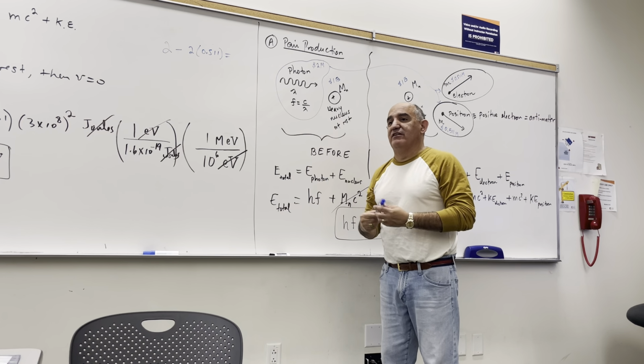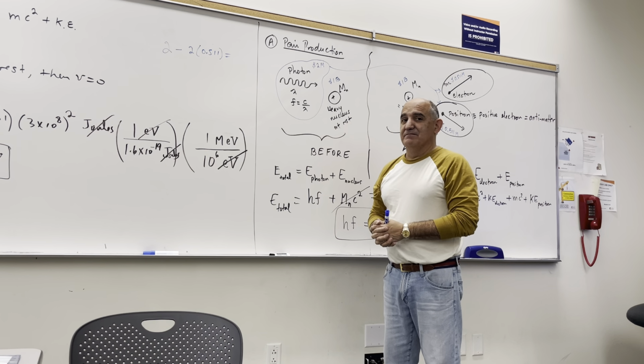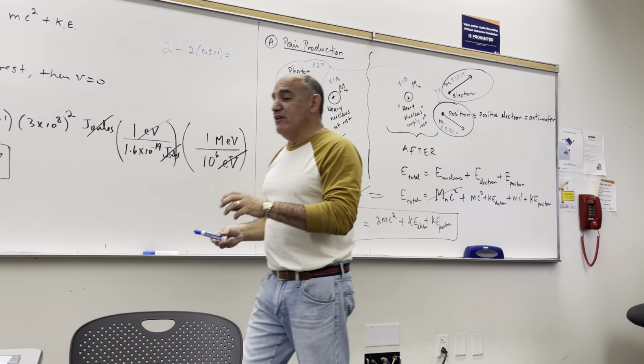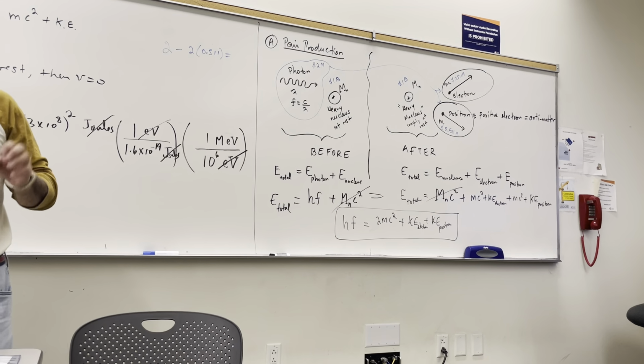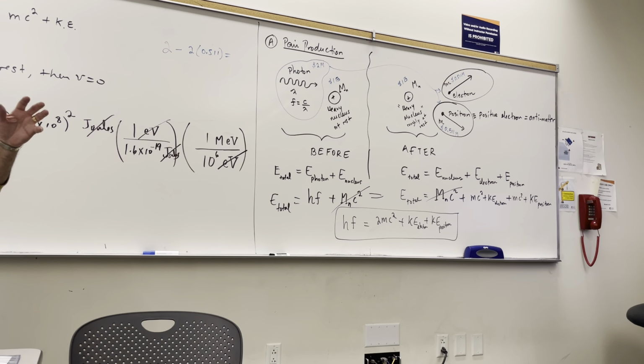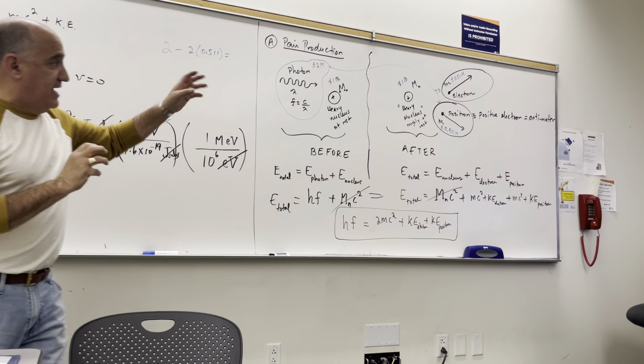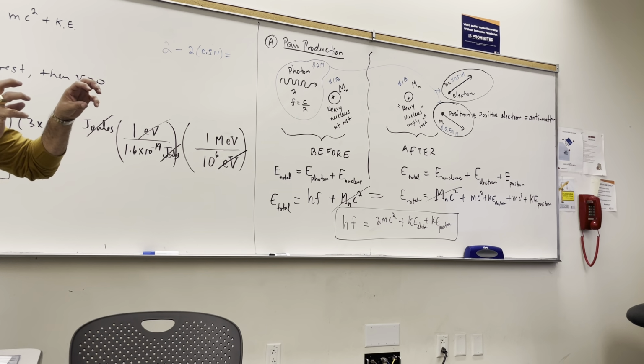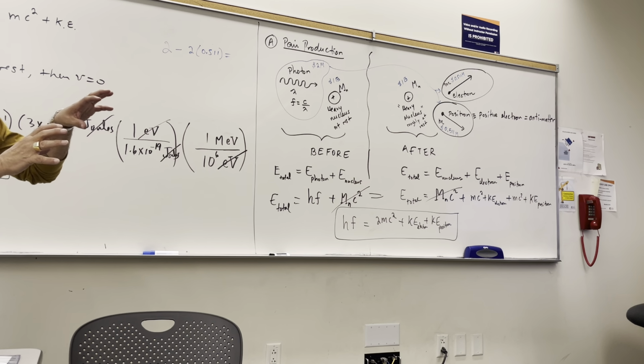That's the minimum amount of energy that would lead at the end to the creation of an electron and anti-electron, a positron, both of them at rest.